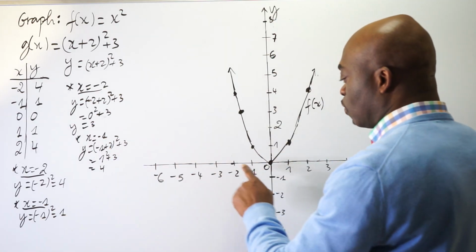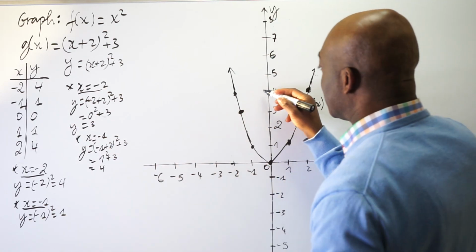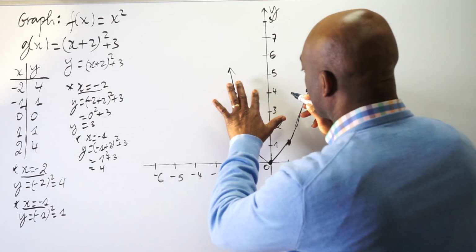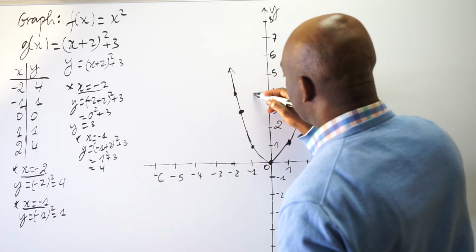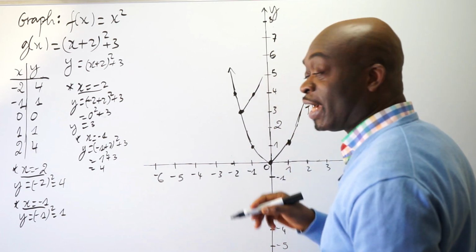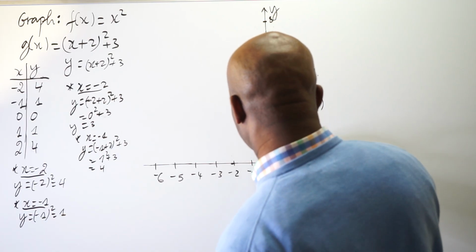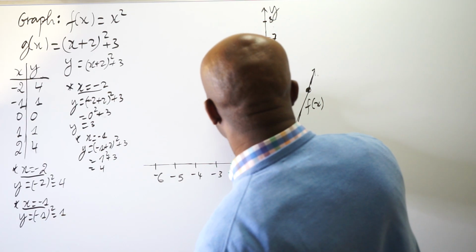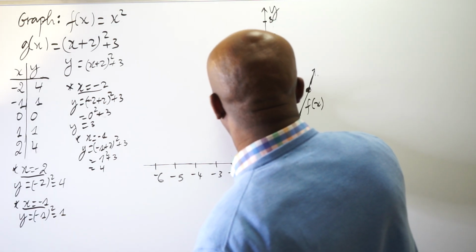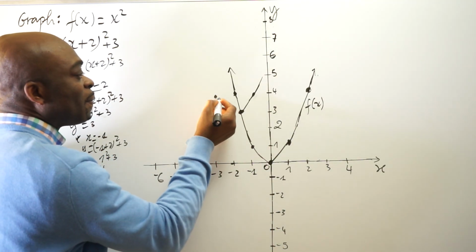So if x equals negative 1, y equals 4. So we can see that it's going this way. And if it goes that way, then at negative 3 it's coming this way as well.